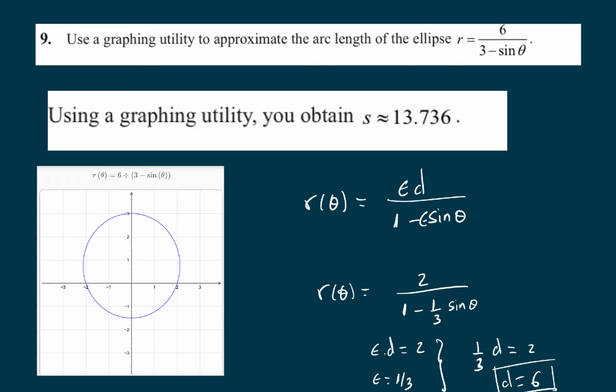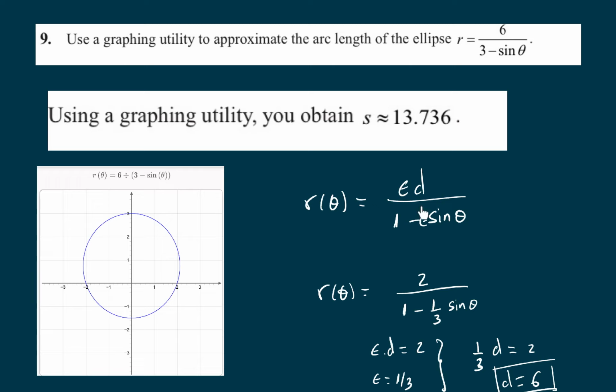Any polar equation of this form, maybe with sine of theta or cosine of theta, maybe with minus or plus, doesn't matter, all four combinations represent an ellipse.